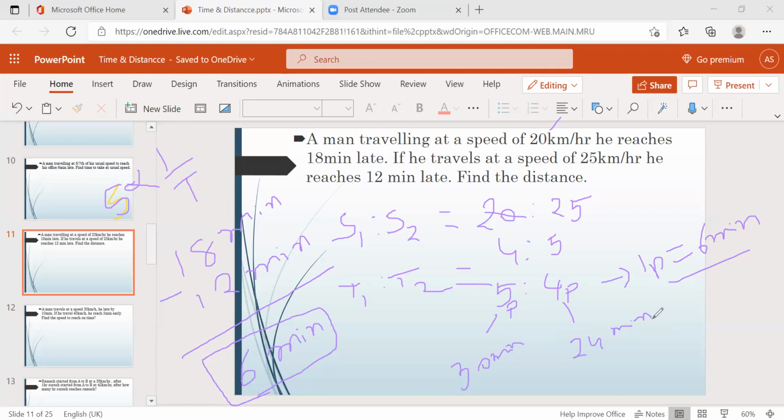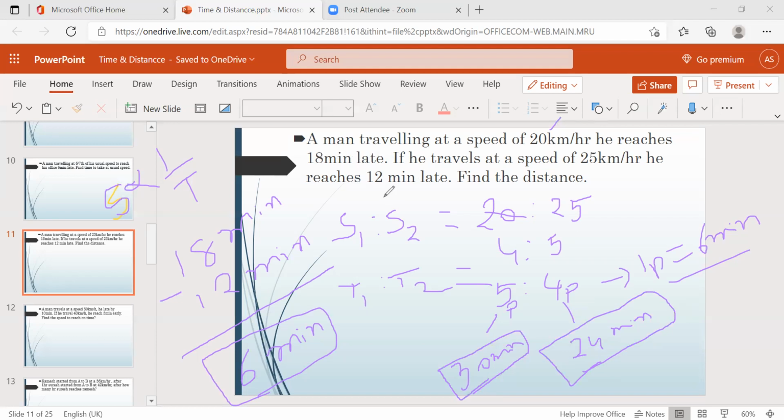That means if he travels at 20 kilometers speed, he'll reach 30 minutes late, and if he travels at 25 kilometers speed, he will reach 24 minutes late. So the difference is 6 minutes, right? Exactly.